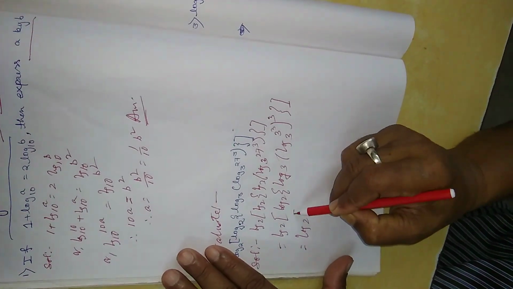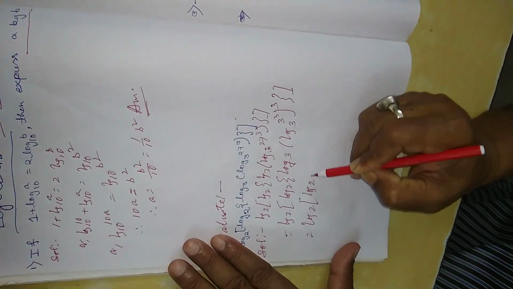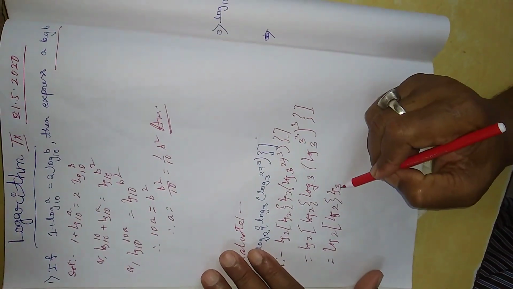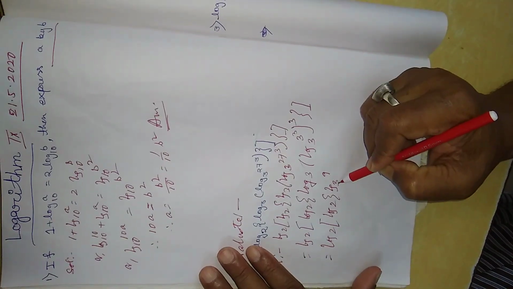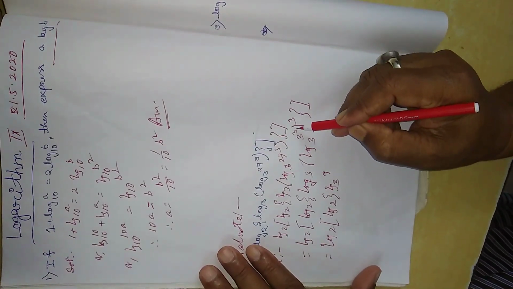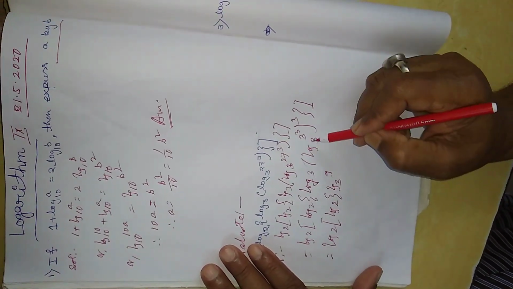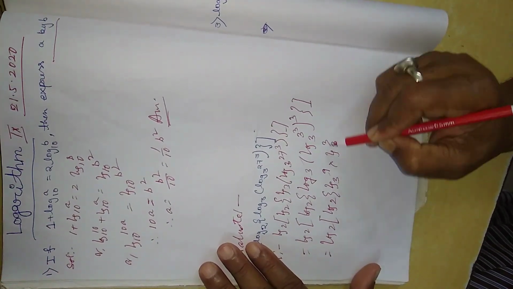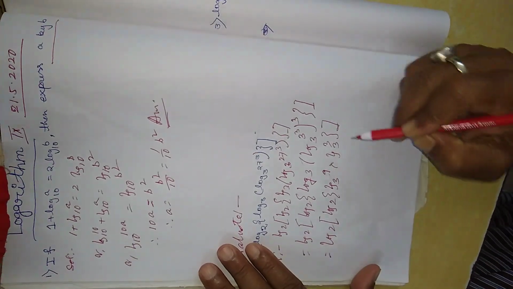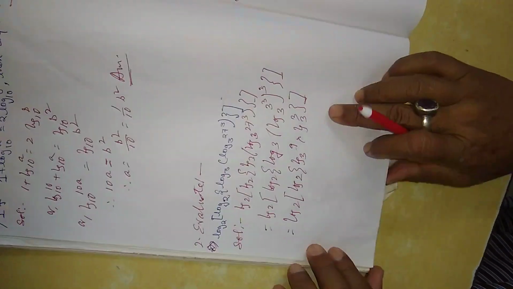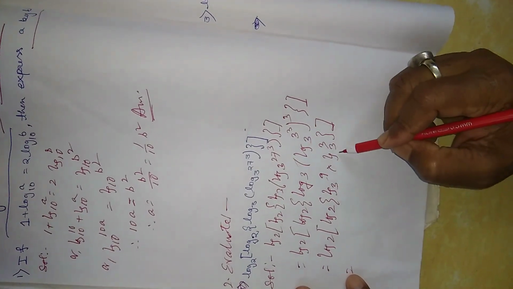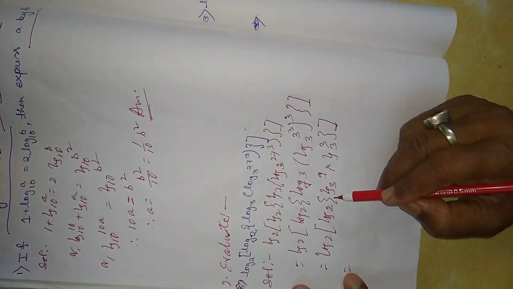Follow the sum: log 2, log 3, so 3 into 3 is 9, log 9 to the base 3, and log 3 to the base 3 is 1. You can write or you cannot write; for your convenience I am writing here. So 3 log 3, same base, that is 1, so that is the sum.